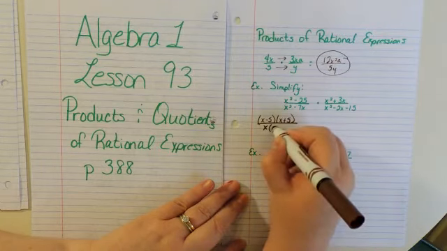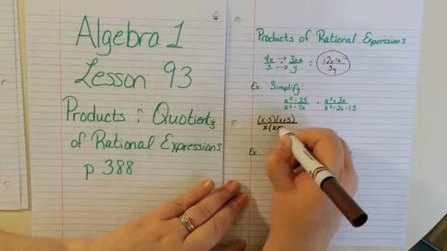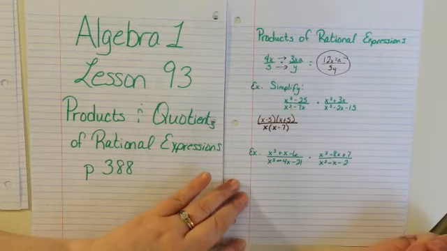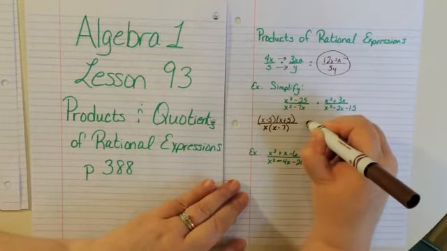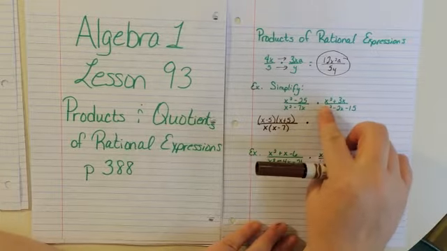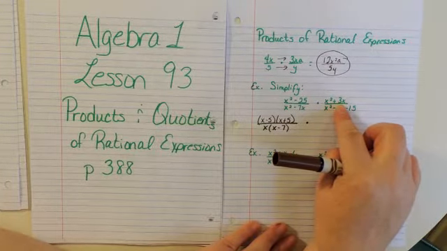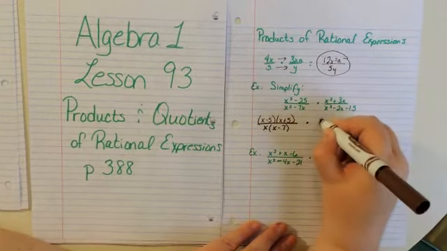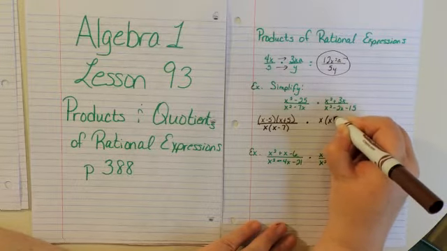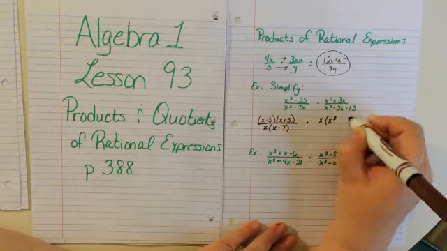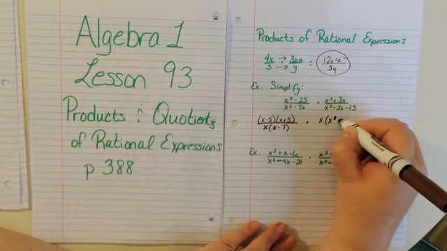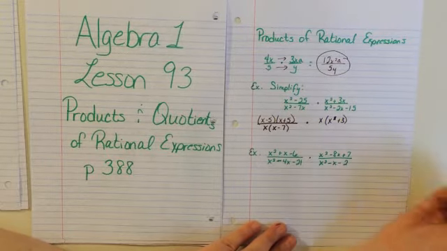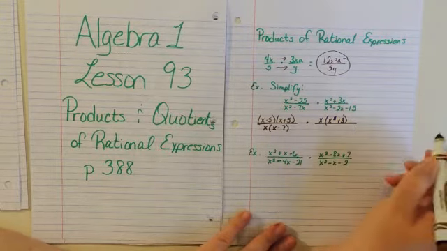So we've got x times the quantity x minus 7, right? Okay, times, let's look at this side. Here we have x squared plus 3x, so we can factor out an x again. We're taking out an x, so we've got x plus 3, okay, all over.